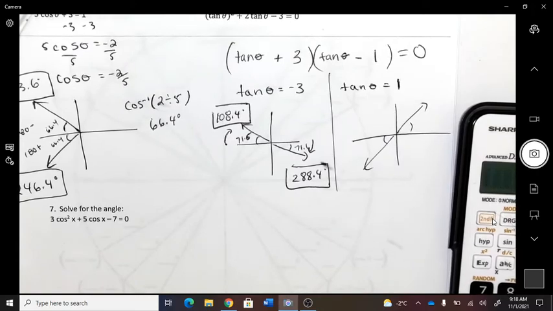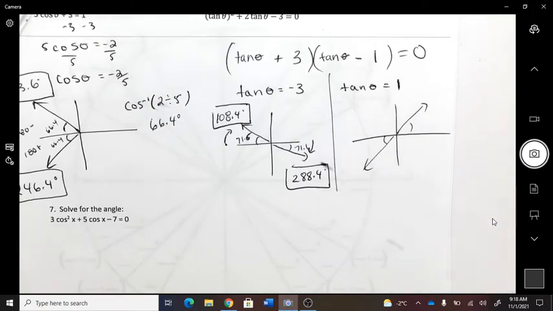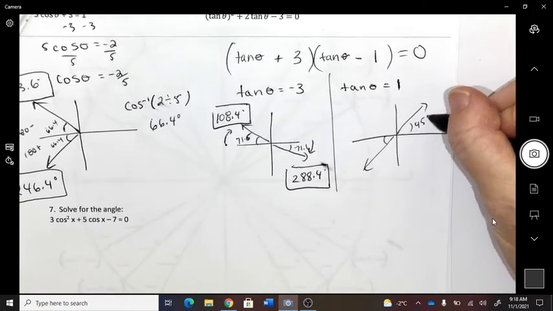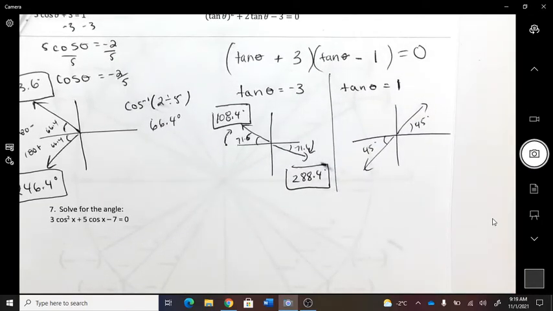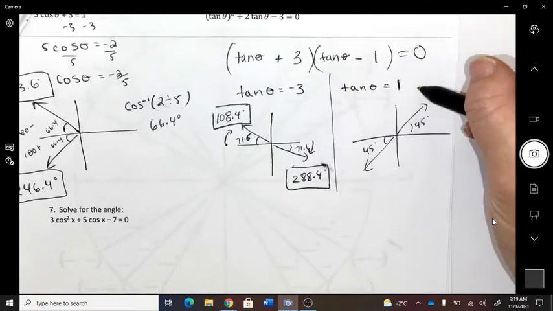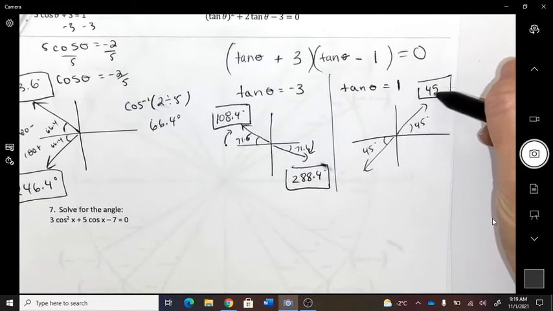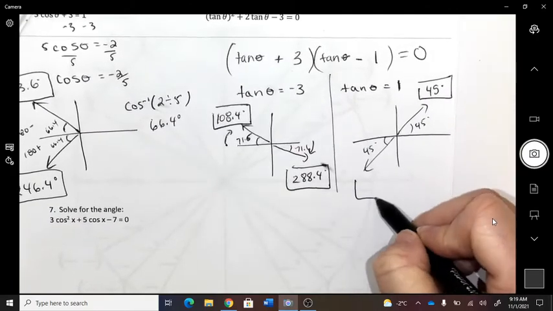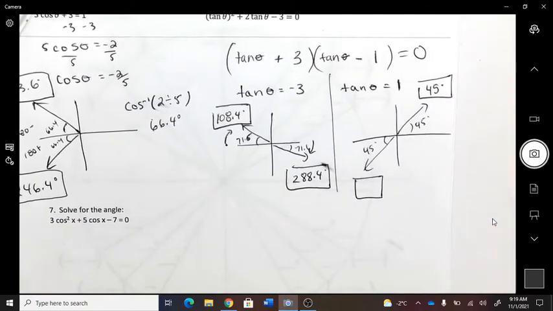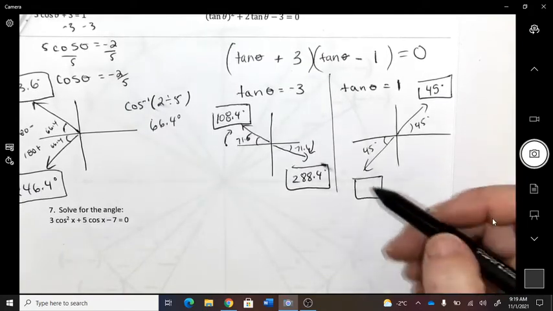Tan inverse 1. So that should be a reference of 45. So that angle ends up being 0 plus 45. And then this one is 180 plus 45.